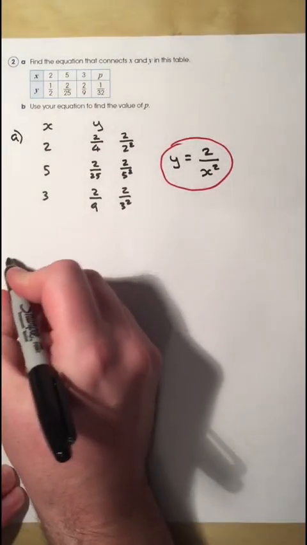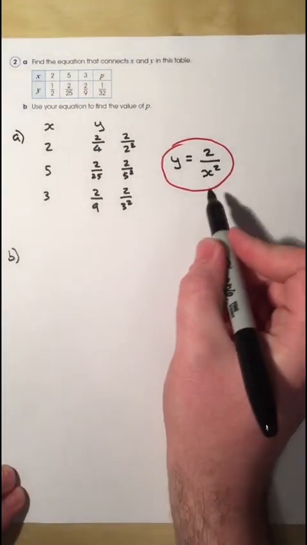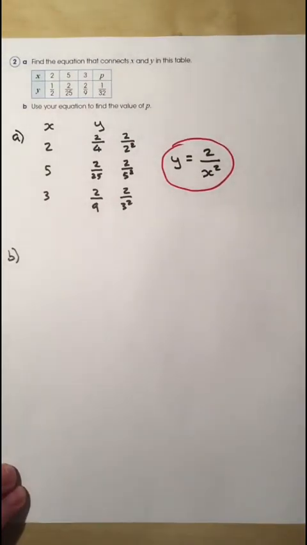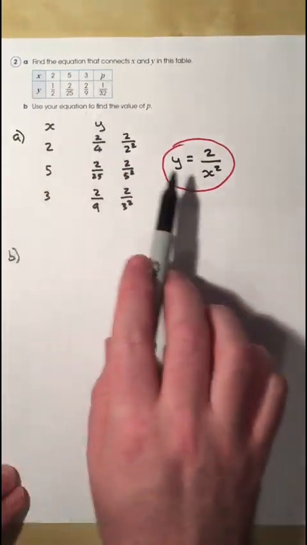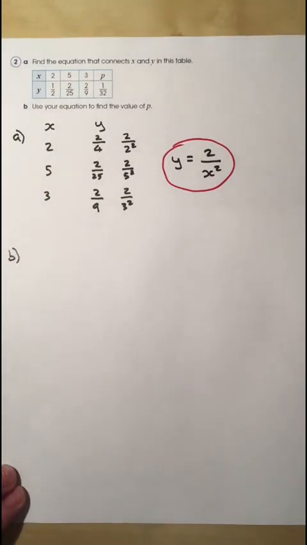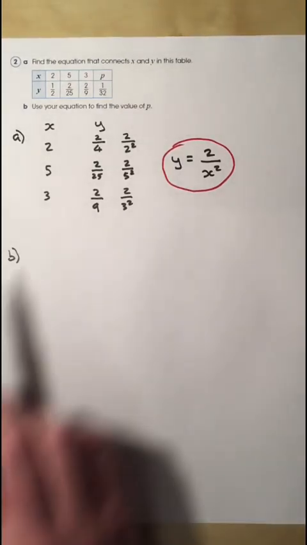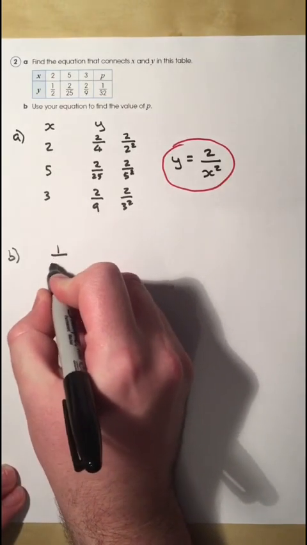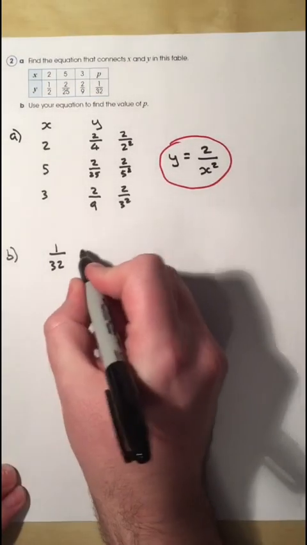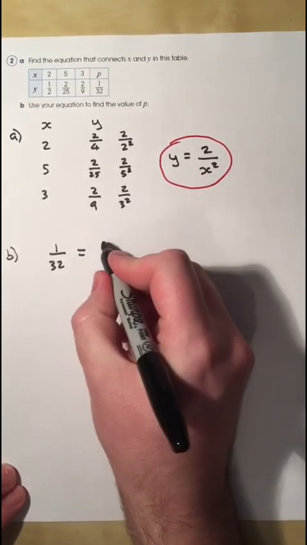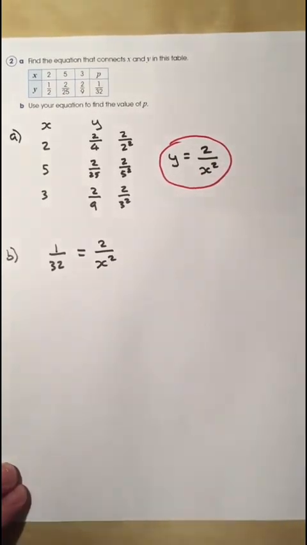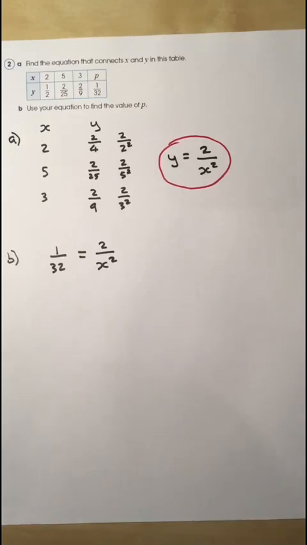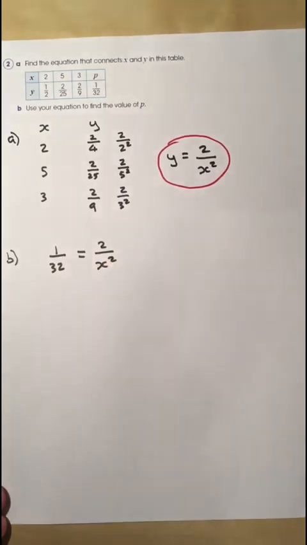So for part B, we need to use this equation here to find a value of p. So basically what we're trying to do is find the value of x when y equals 1 over 32. So use this equation and substitute this value of y into it. So my value of y is 1 over 32 equals, this side then is 2 over x squared. We don't like the fractions written out like this.